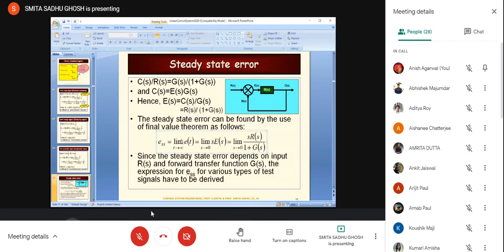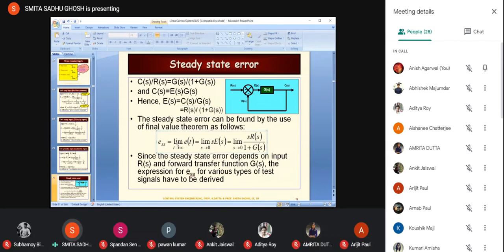So if we were to calculate the ESS, that is the steady state error, by finding out what the error value is going to be as t tends to infinity, we apply what is applied over here. You can see something has been applied. What is the theorem that has been applied?